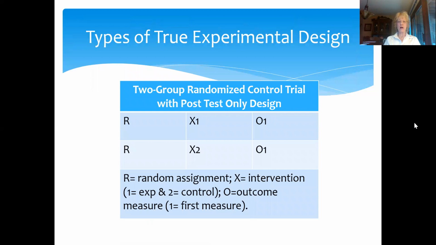So another type is the two-group RCT with a post-test only design. This might be used when we think the observation, the outcome measure, might have an influence on the participant. So education tests, we know that sometimes taking multiple choice exams helps a student pass their certification exam.